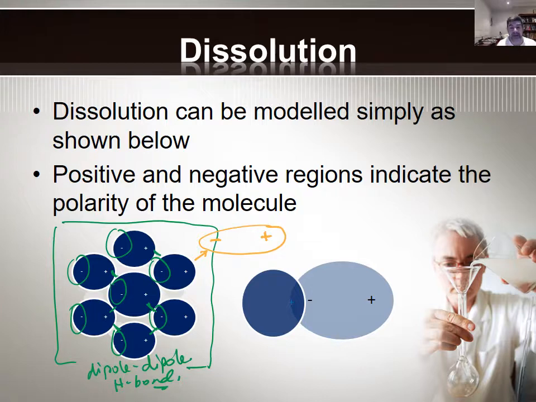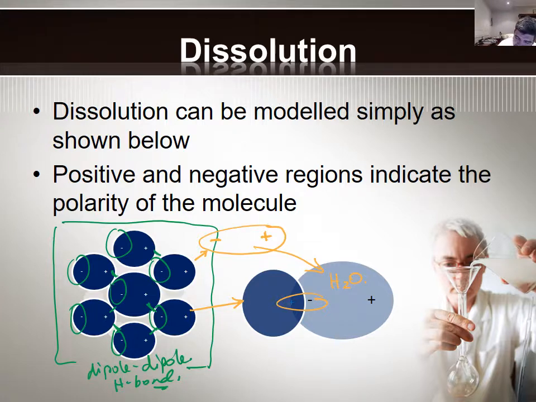And if that interaction is strong enough to overcome these green forces over here, then you will have an interaction that occurs with, in this case, the water molecule. So our water molecule is now over here, and it's pulled one of the little solute molecules with it. The key to that, of course, is that it wants to be surrounded.